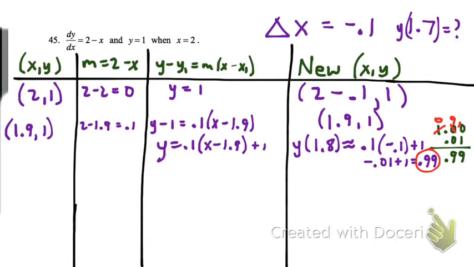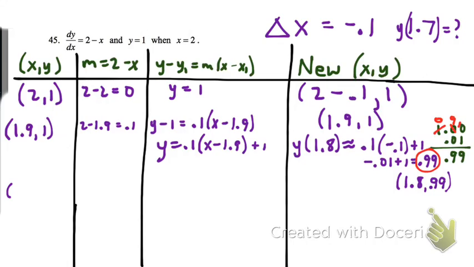So those are our new coordinates, right? 1.8 comma 0.99. That currently is where we're at, and we just need to do one more linear approximation, so let's put in our 1.8.